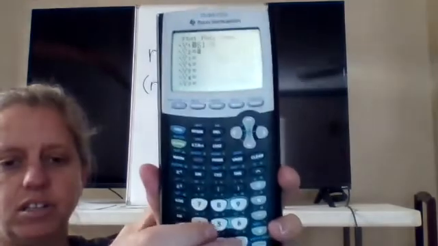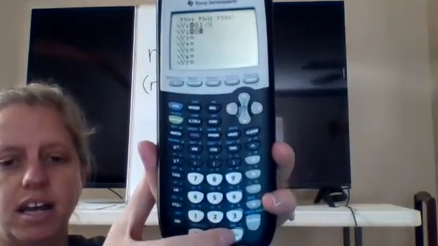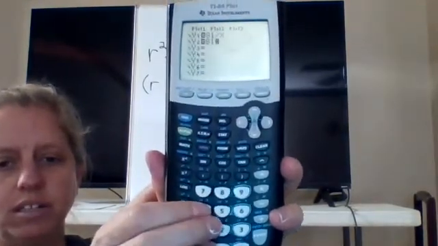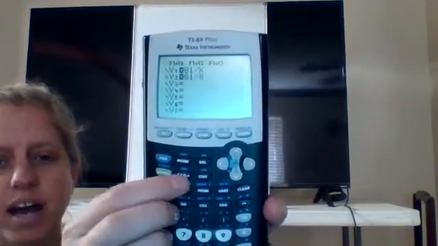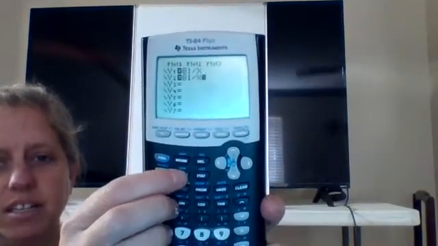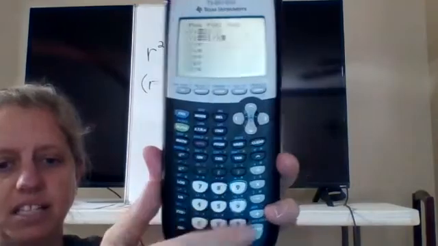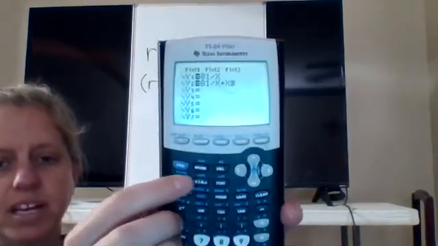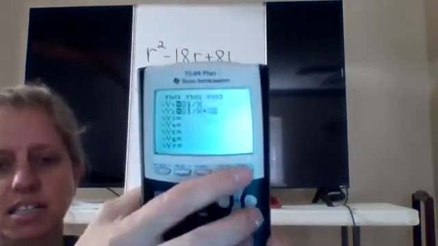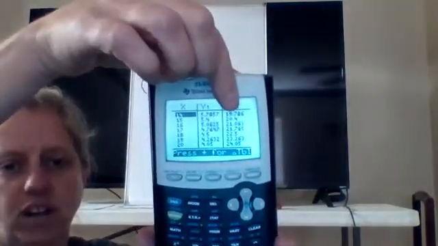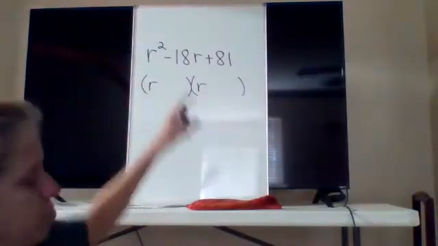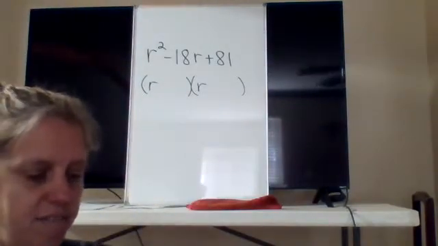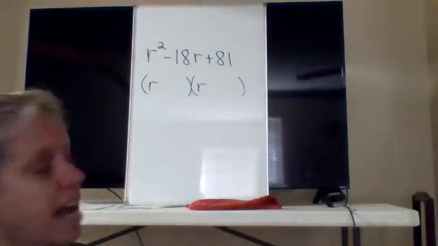And then another 81 divided by, again, here's your x. And then type in a plus x. Then hit second table. Again, what are you looking for in your last column? You're looking for that middle number, which in this case is negative 18.